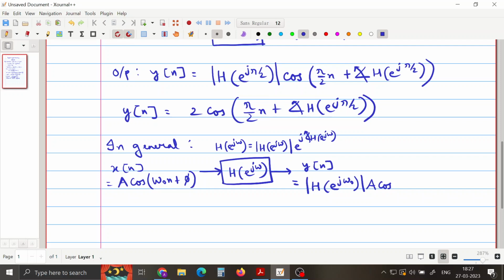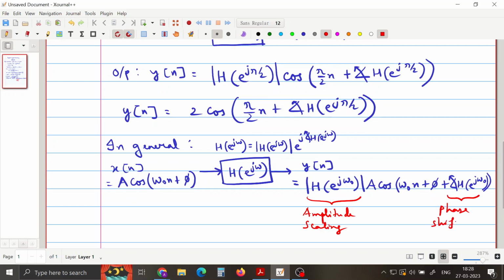That phase shift is equal to the phase of H at omega naught. This is the amplitude scaling, and this is the phase shifting.